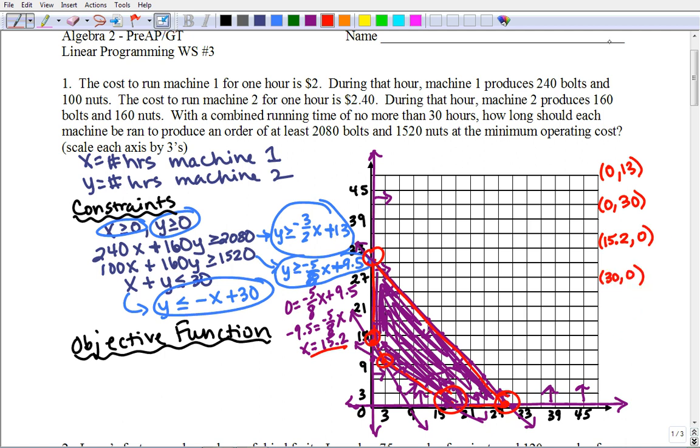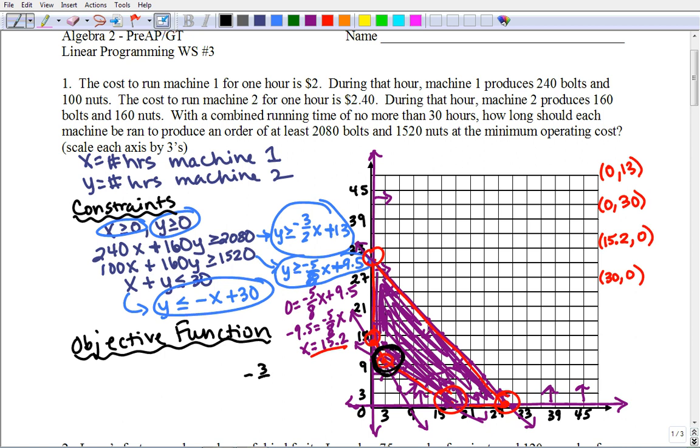And then for this last one, if we had done a better job graphing it, it may have been easier to see, but it's kind of hard to tell what this point is. Let me choose a different color here. So what we need to do is take the 2 equations for those lines. So it's the negative 3/2 x plus 13 and the negative 5/8 x plus 9.5.